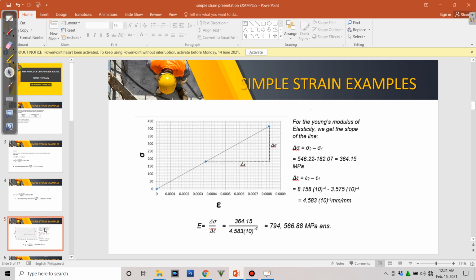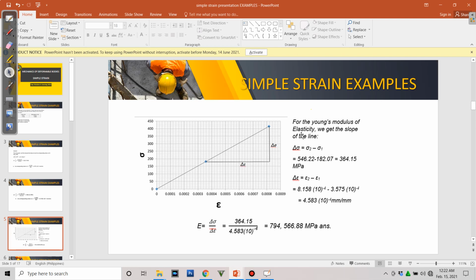From this, we can now graph the stress-strain diagram. We can observe a straight line, and between these 2 points, the difference in sigma is the change along the y-axis, and the difference along the horizontal axis is the delta strain.